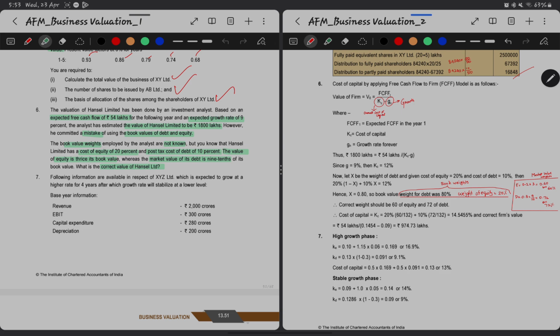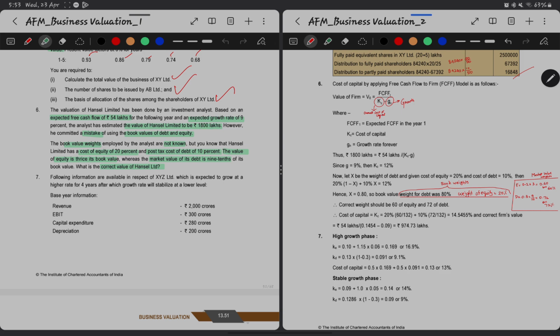Okay, first reverse calculating. So value of the firm is equal to free cash flow divided by cost of capital minus growth rate. Here the cost of capital is the overall cost of capital, because we are calculating the value of the firm, and the analyst has calculated it as 1800.